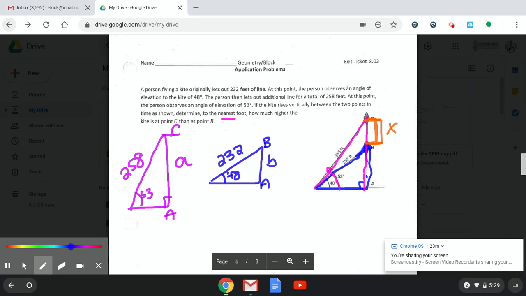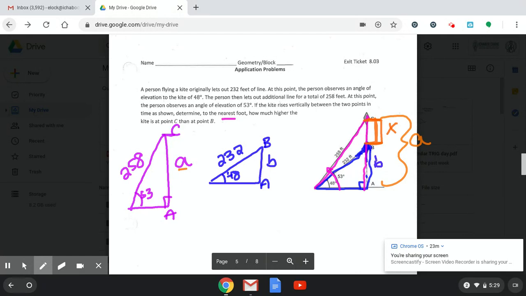And again, to find that measure of x, and let me explain it a little bit better this time, the whole measure from C down to A is what we dubbed as the A in our pink diagram. And the measure B we have is from B to A down here.